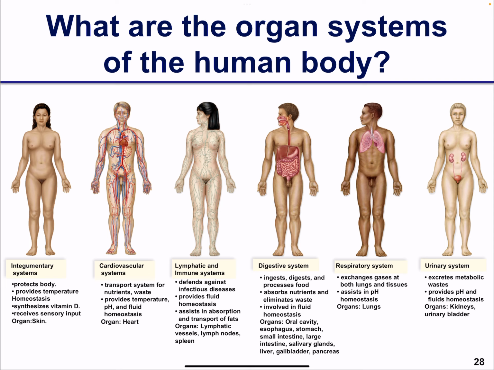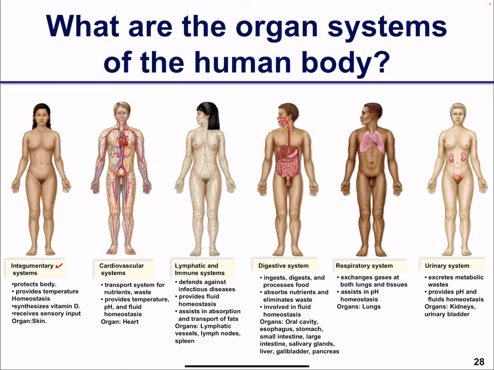So, what are the different systems in our body? Now, we have a number of systems, 11 of them. We're going to have the integumentary system here.